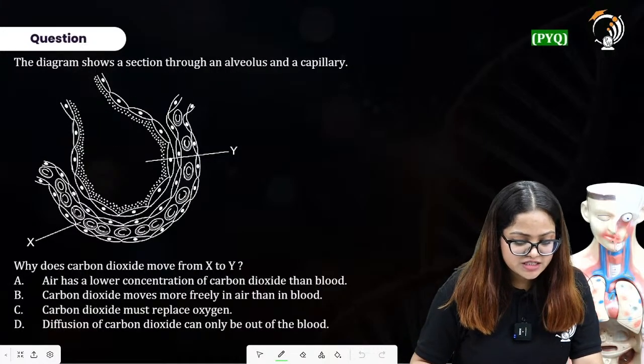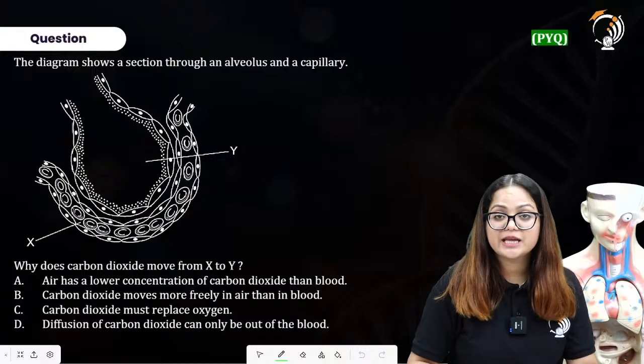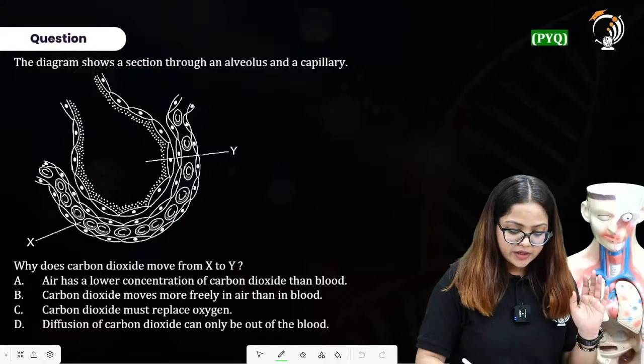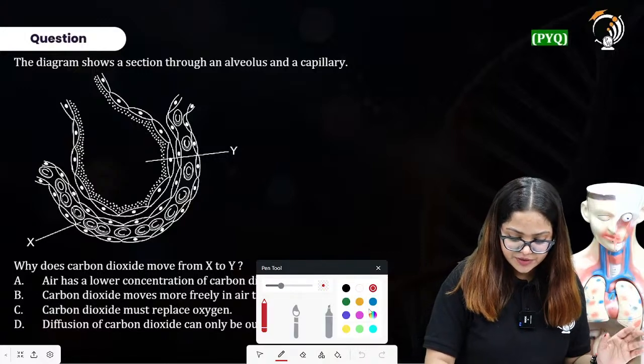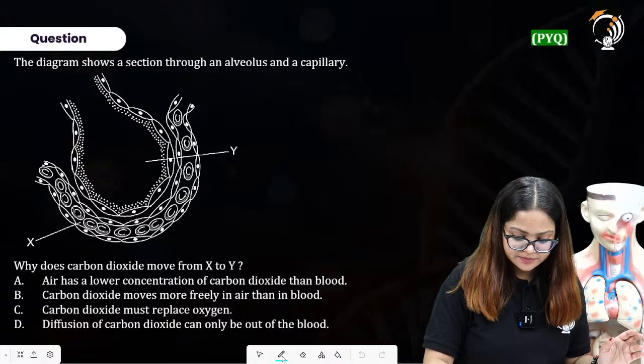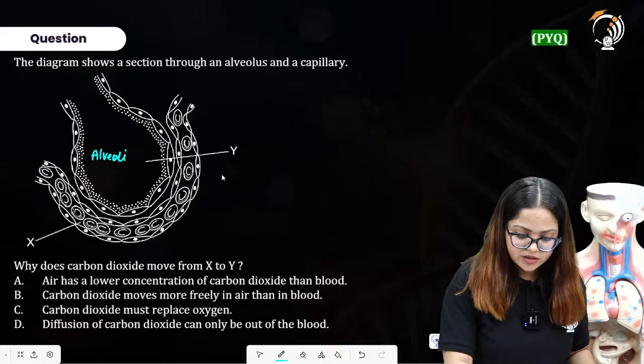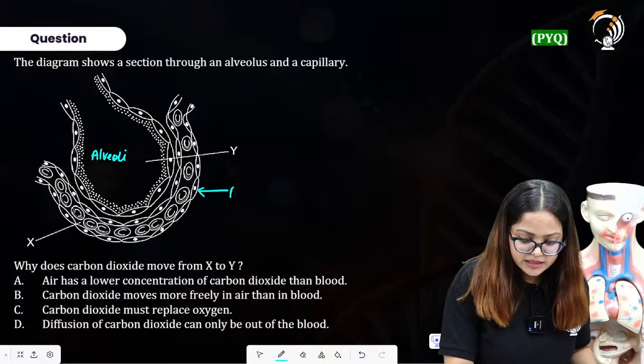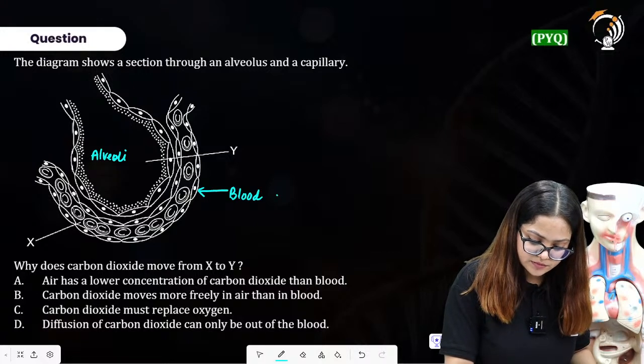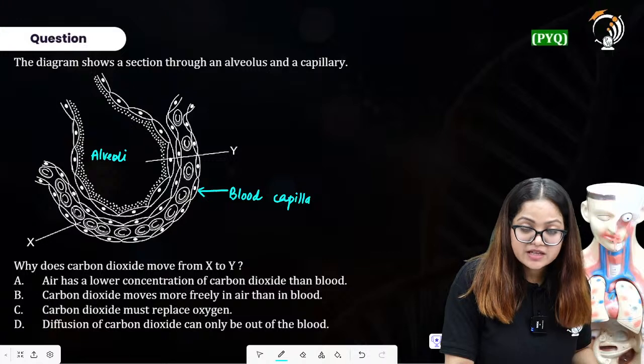The diagram shows a section through an alveolus and a capillary. Where can you locate the alveolus? It is present here. Let me mark it. This is the alveoli, and this is the blood capillary. Now try to answer this question.